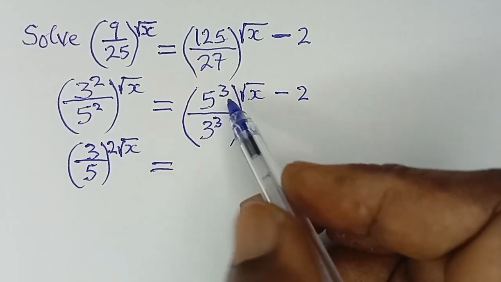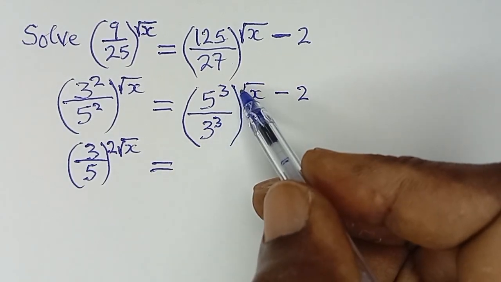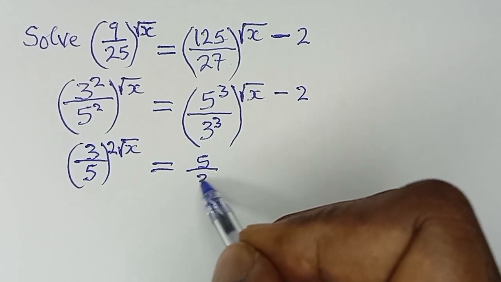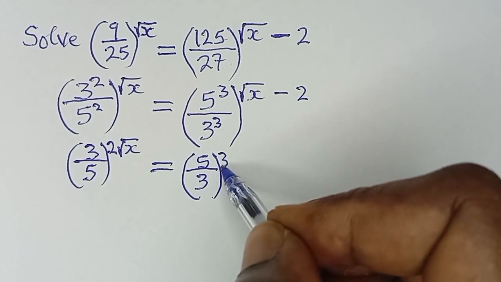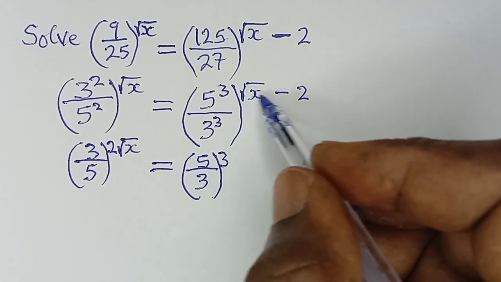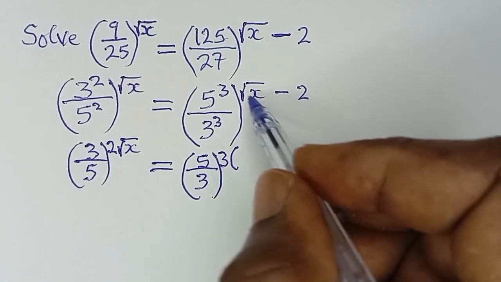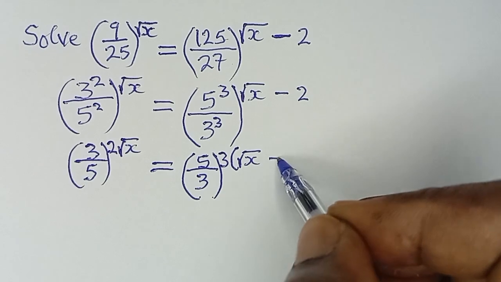In the same way, these have the same powers, so I can factor it and bring out the power. I'll write this as (5/3) raised to the power 3, and this 3 multiplies the power that is outside here, so it multiplies √x − 2.